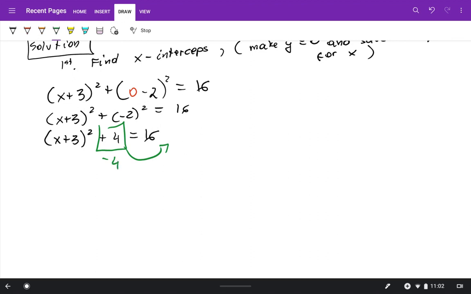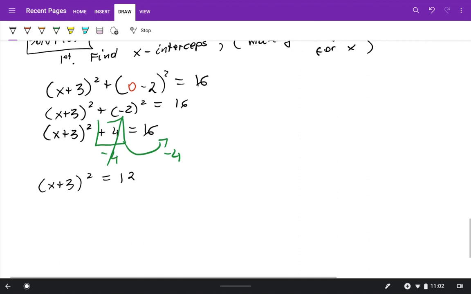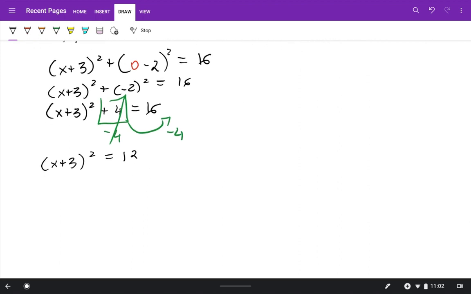So subtract 4 from both sides. And that will give you x plus 3 squared equals 16 minus 4, which is 12. And just solve that using the square root method.